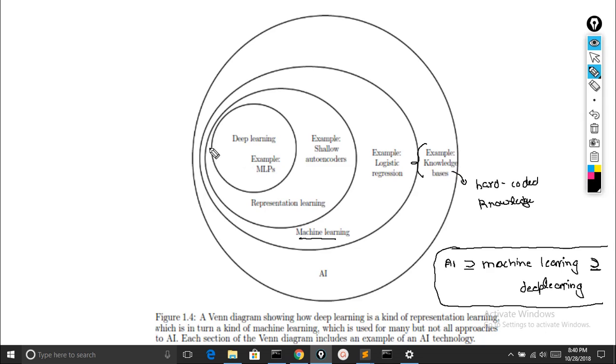So the first thing is how machines can learn. The classic machine learning algorithms learn by mapping features to output. So first let's see what are the features or representations.